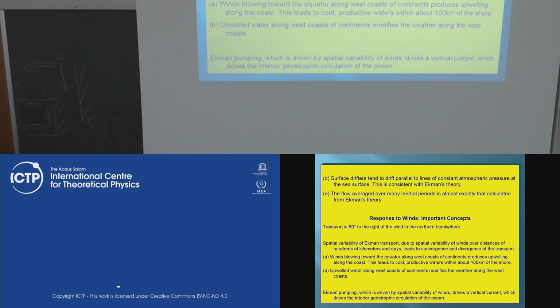So the areas where there is upwelling, which are the western coasts, where the wind is blowing parallel to the coast in the northern hemisphere toward the equator, are very productive, where the phytoplankton grows.